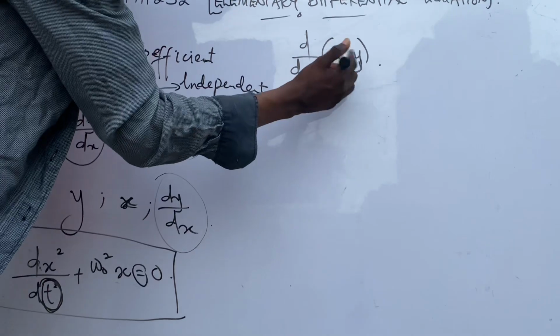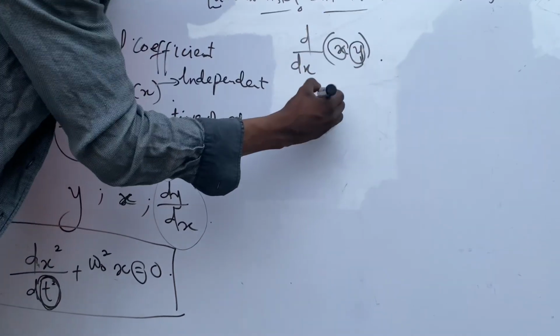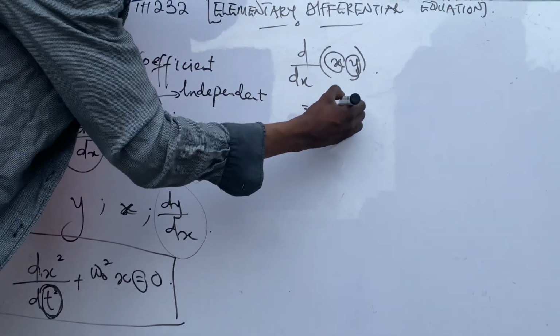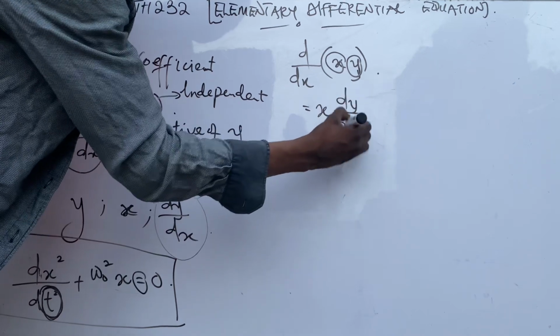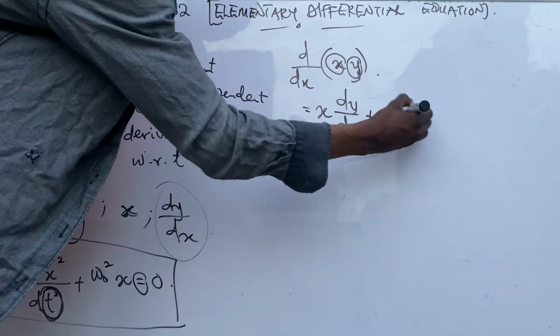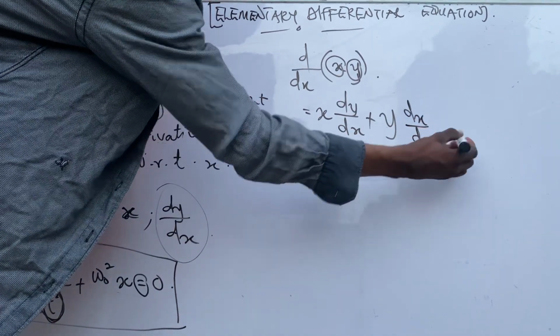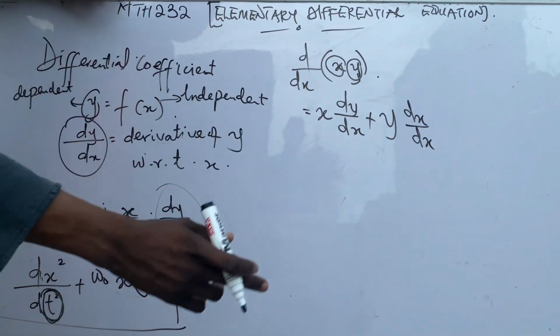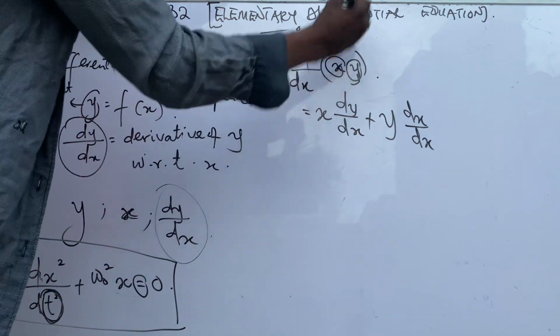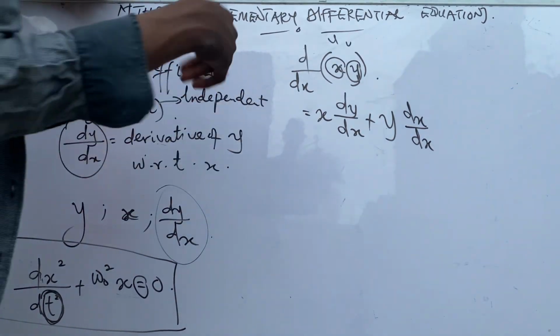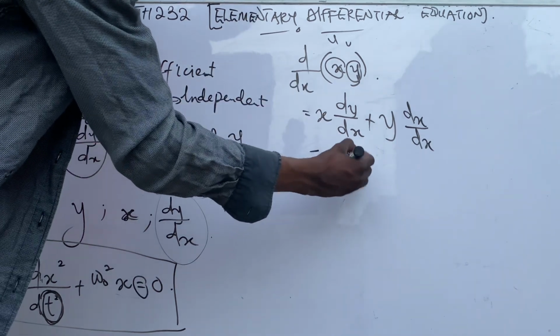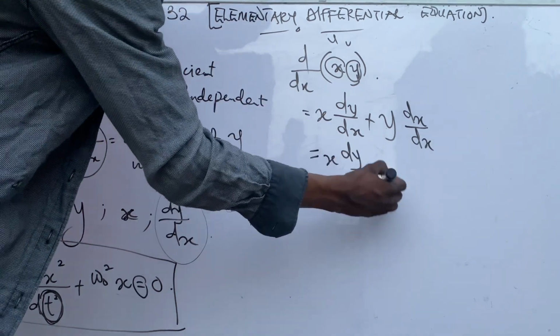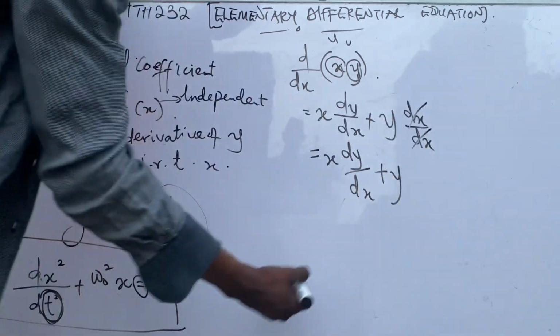I'm going to use the product rule, because this is one quantity and this is another quantity. That is x dy/dx plus y dx/dx. That is what we call the product rule: v du/dx plus u dv/dx, where this is u and this is v. I suppose you've passed through the product rule. So this is x dy/dx plus y, because dx cancels dx.